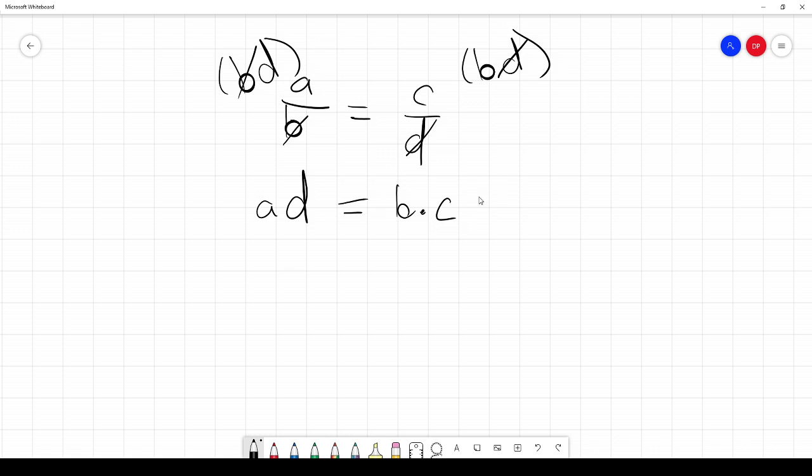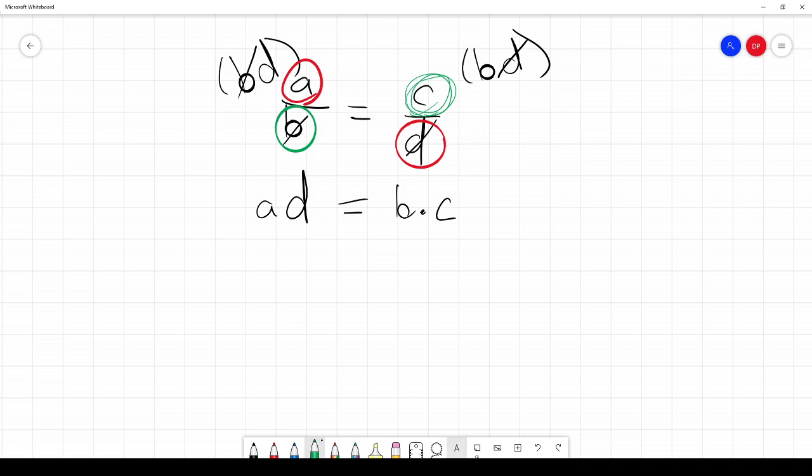So notice what I have here is a times d. It's the top of one side of the equation times the bottom of the other, and it's equal to the exact opposite: the bottom and the top on the other side.